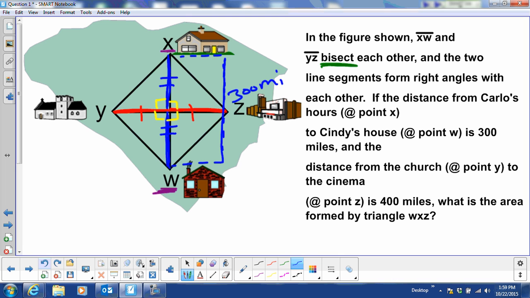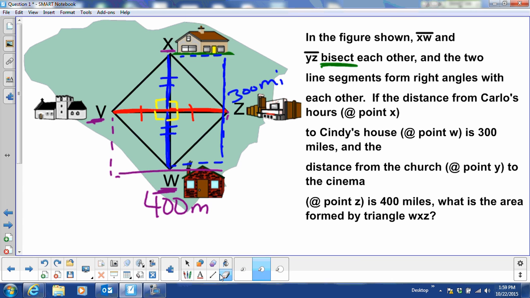And the distance from the church, which is at point Y, which is here, to the cinema at point Z, so that's this entire distance here. If that entire distance is 400 miles, that means the distance from here to here is 400 miles.